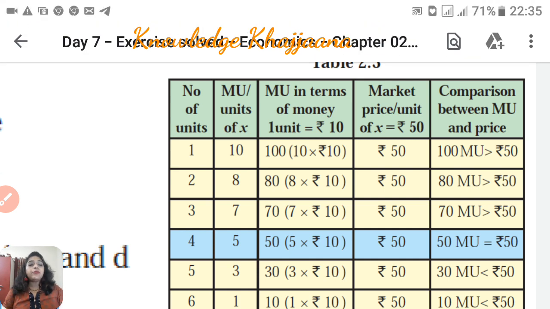When it is the same, when this equilibrium is achieved, when we compare marginal utility and price, the marginal utility becomes the same as the price.